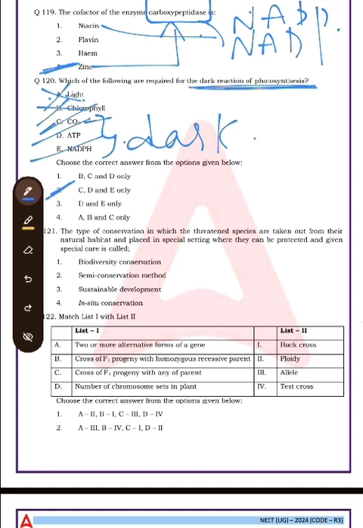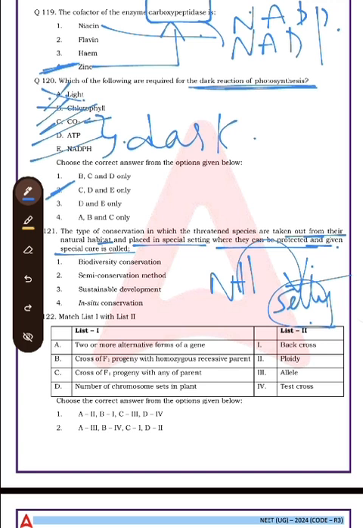Okay. Next, the type of conservation in which the threatened species are taken out from their natural habitat and placed in special setting where they can be protected and given special care. So taking the species from their natural habitat and placing them in another special setting which is not real. What is that?